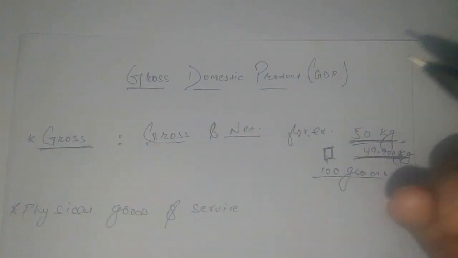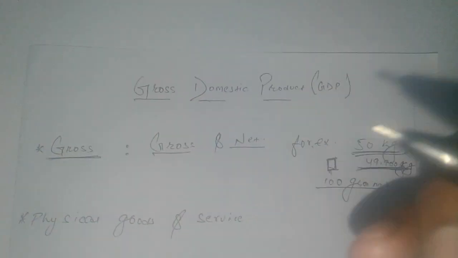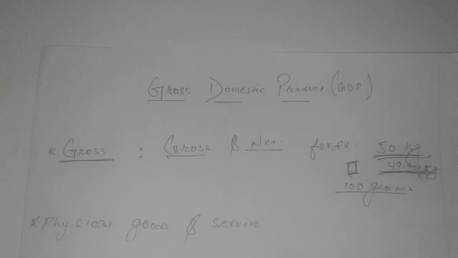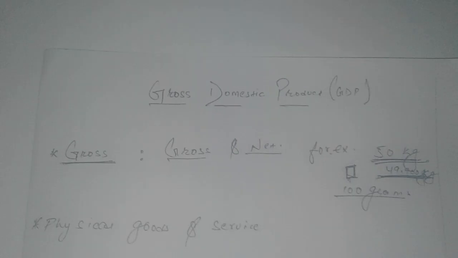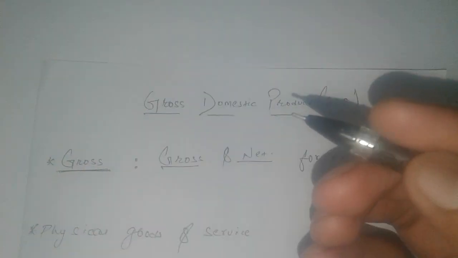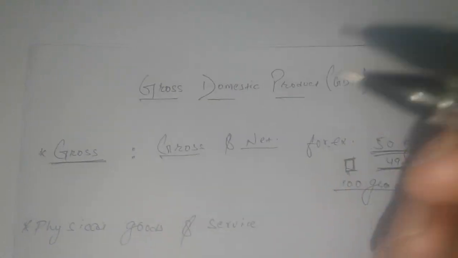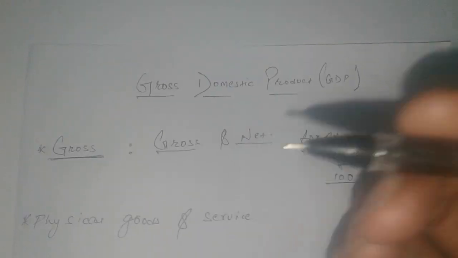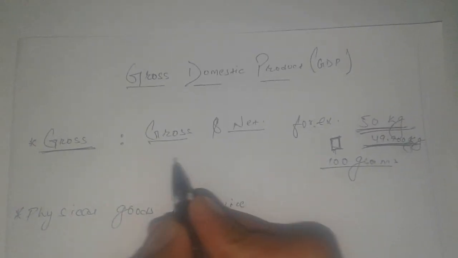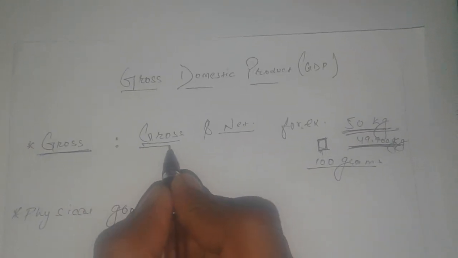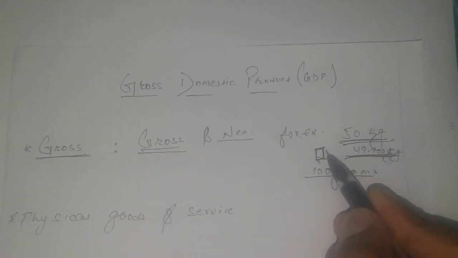And in order to estimate the net, we include all types of depreciation, salaries, or any indirect expenses incurred in order to sell or purchase those items in the course or furtherance of that business. So gross domestic product includes all these kinds of things.